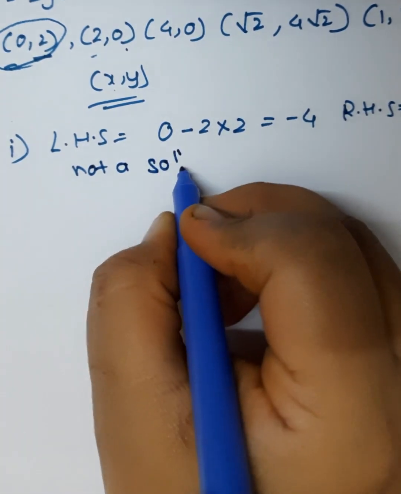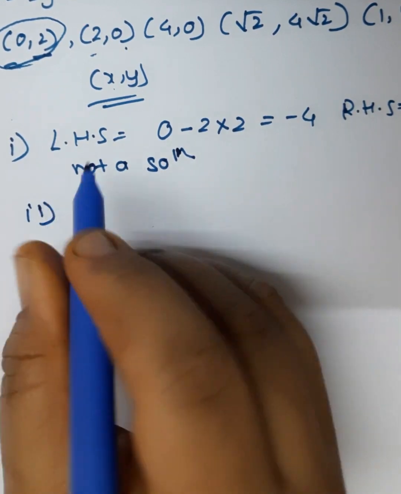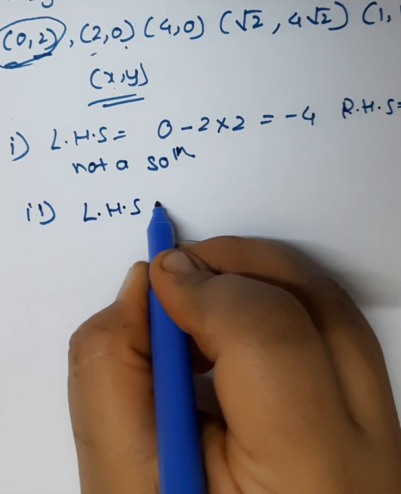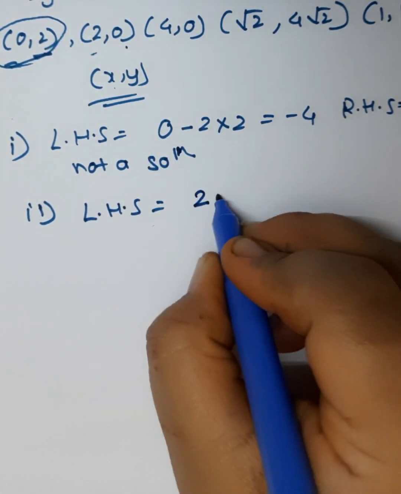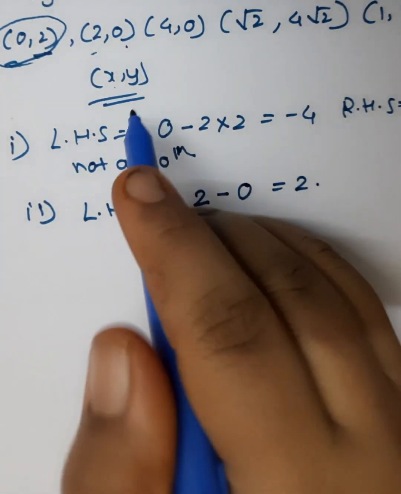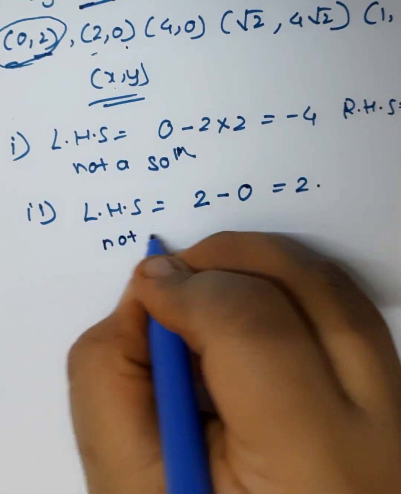Now the second point is (2, 0). Put it in the LHS: x will be 2 minus 0 is equal to 2, and the RHS is 4, so this is also not a solution.